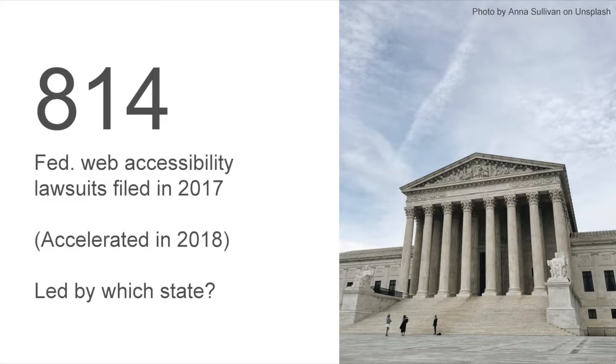More and more companies are being sued because someone who is visually impaired or cognitively impaired is trying to use the website and they can't do it. It's the digital equivalent of not being able to get on that train, right? And certain states in this country are leading the charge on lawsuits.